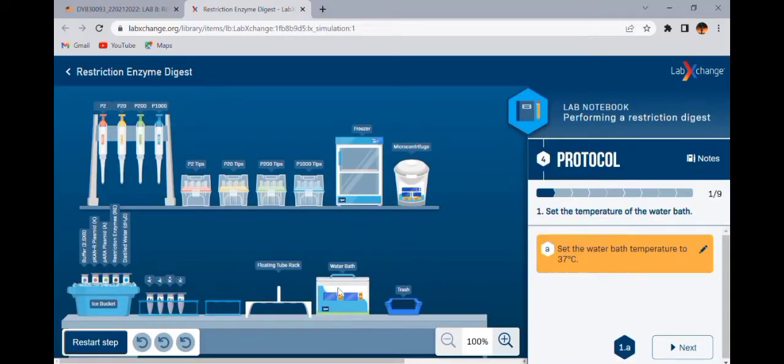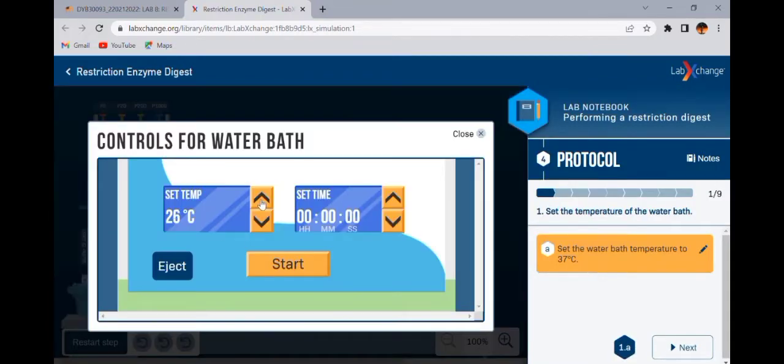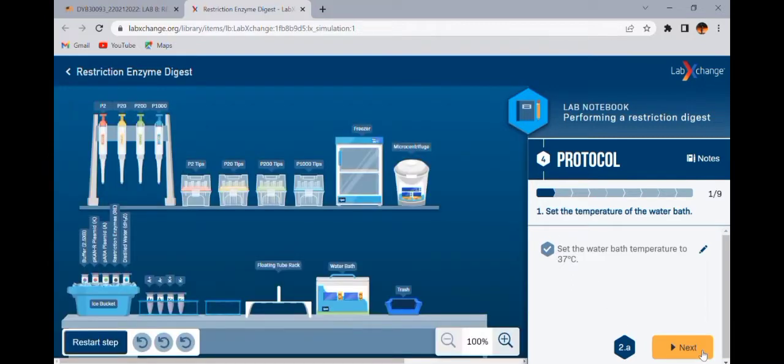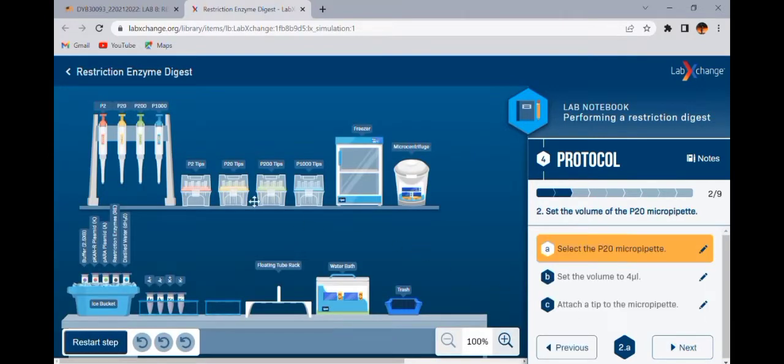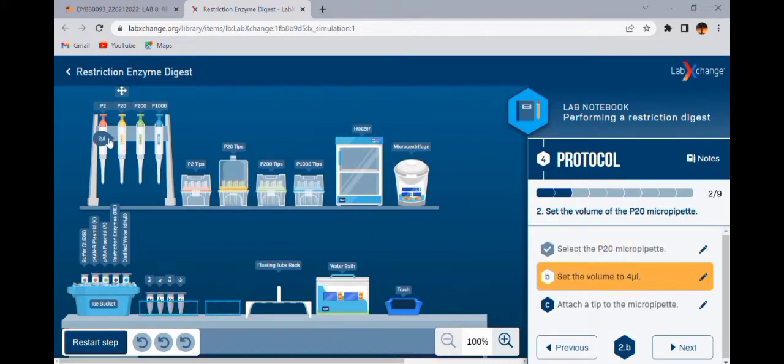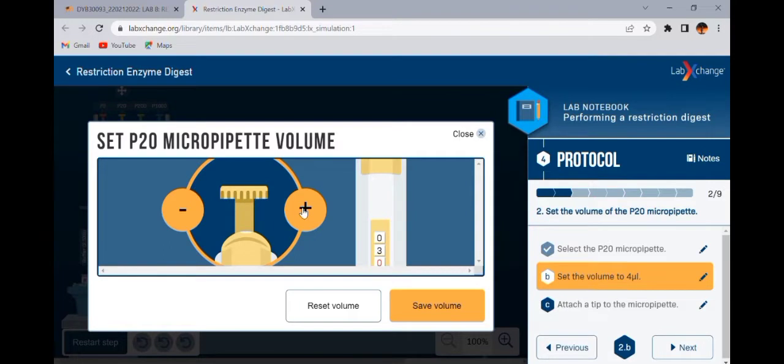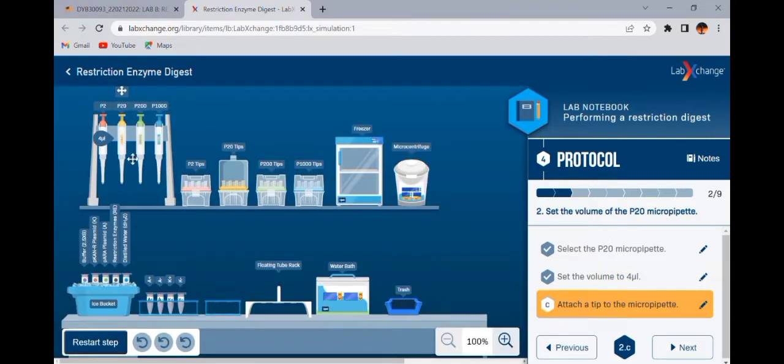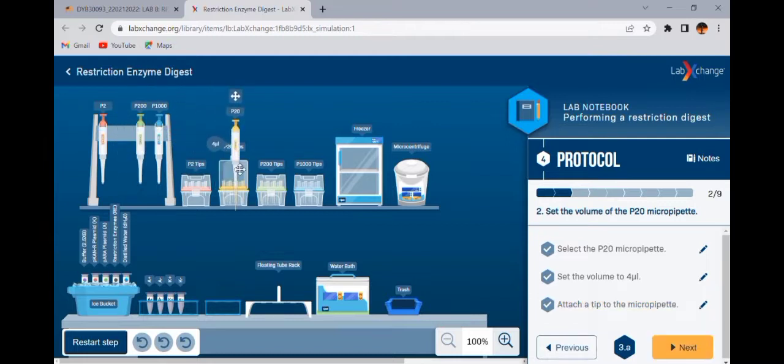First step is set the water bath temperature to 37 Celsius. Second step, select the P20 micropipette, then set the volume to 4 microliter and attach a tip to the micropipette.